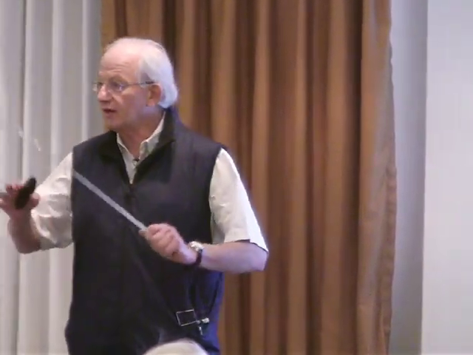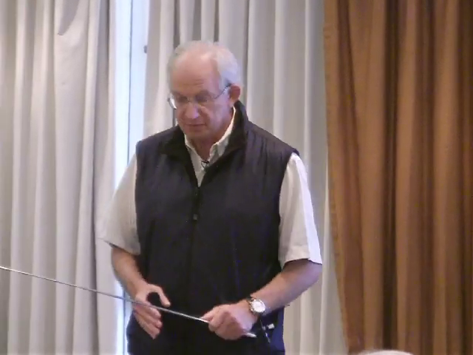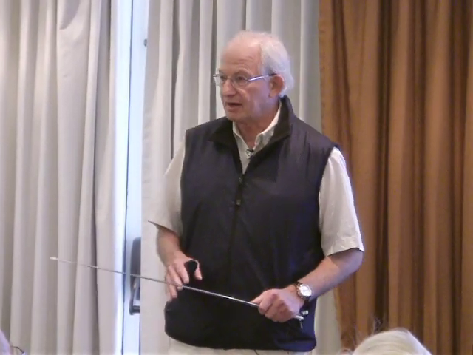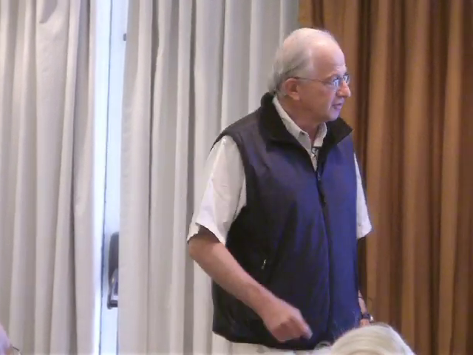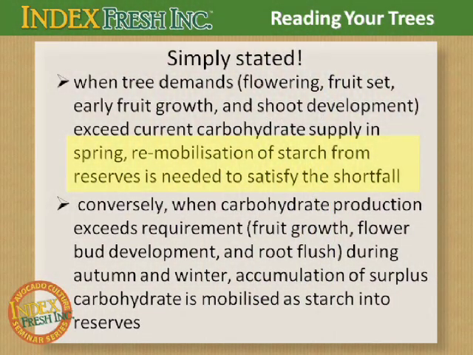In other words, all that activity cannot be supported simply by photosynthesis from current leaf growth. And so the tree mobilizes starch from reserves in the tree, and it uses that to satisfy the shortfall.